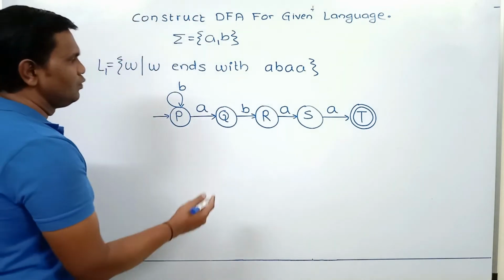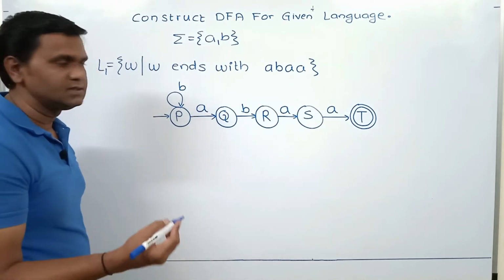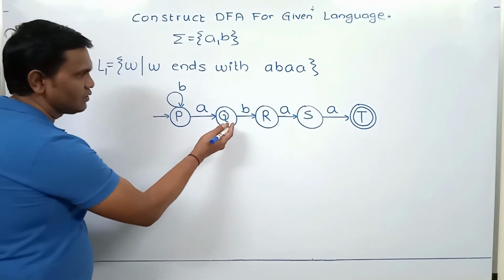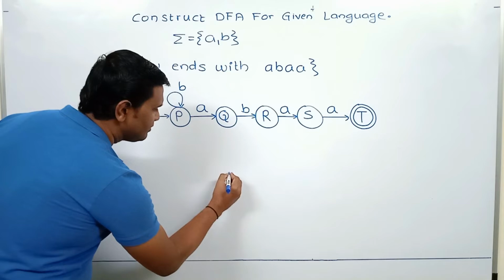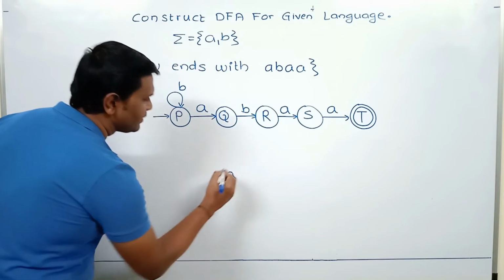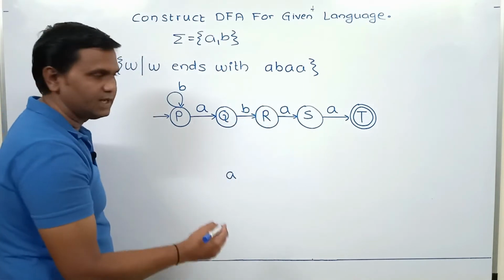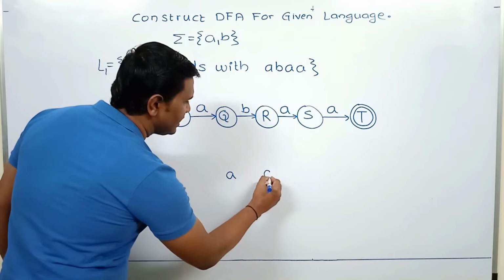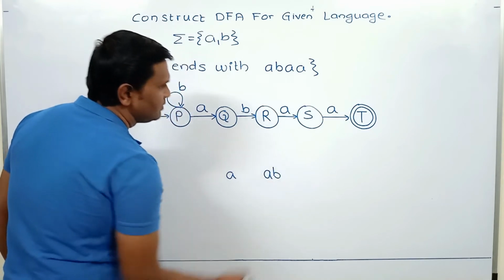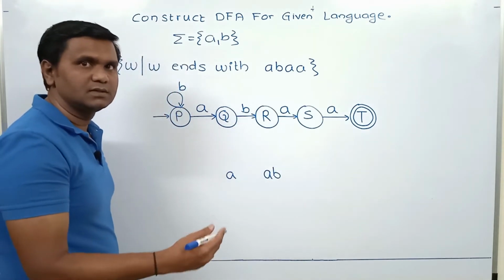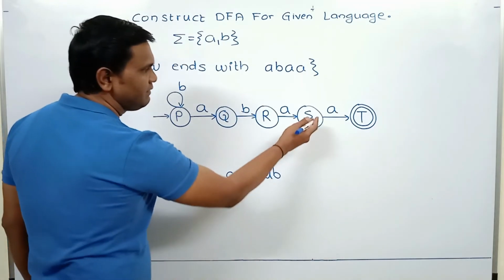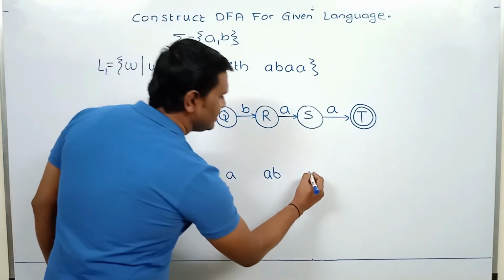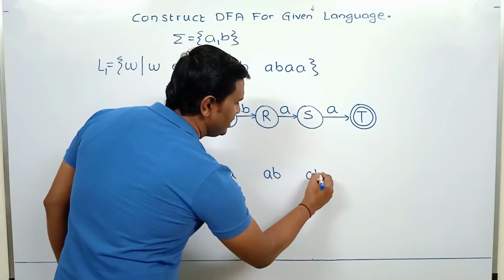So here we are going to calculate transitions such that for state Q, the last one symbol is A. The significance of state R is that the last two symbols are AB. The significance of state S is that the last three symbols are ABA.